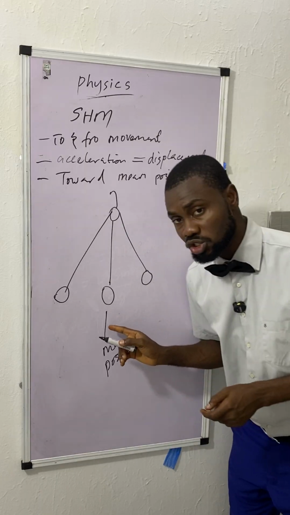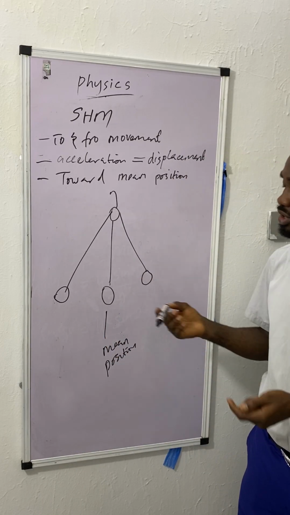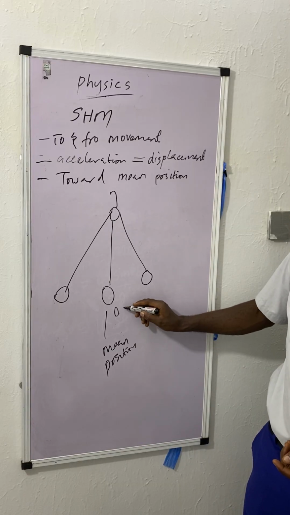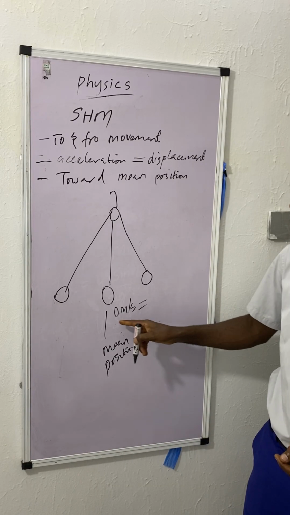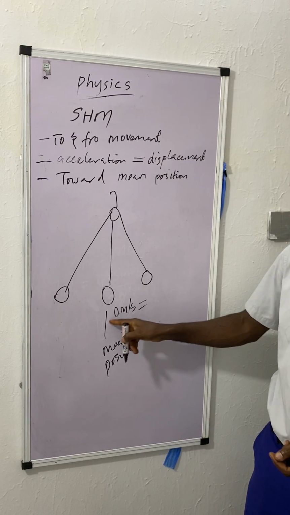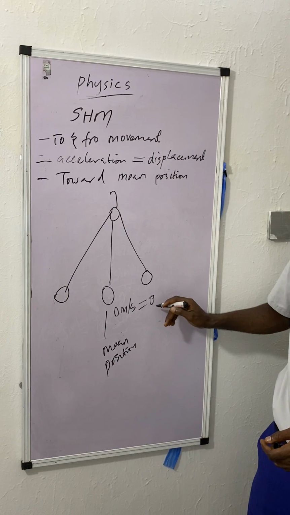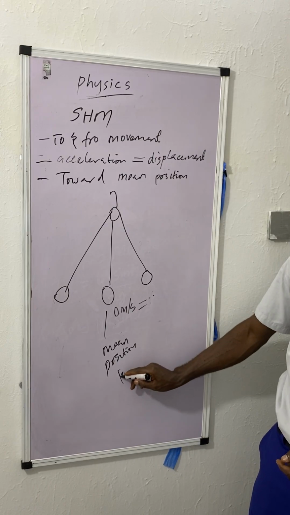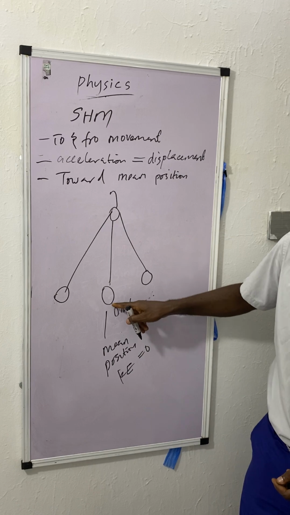The mean position is a point of zero oscillation or zero velocity, the point of 0 meters per second.